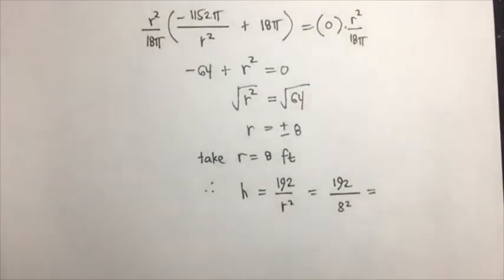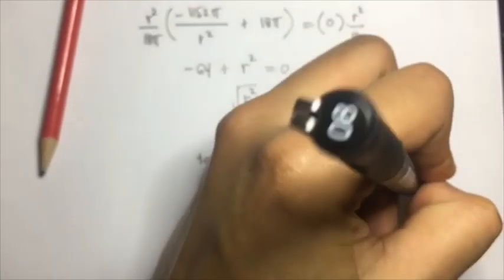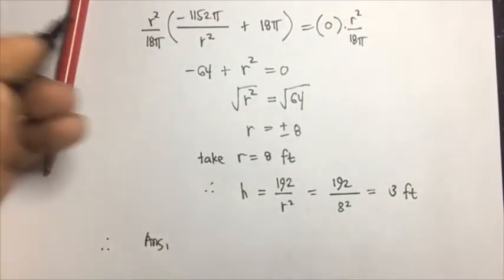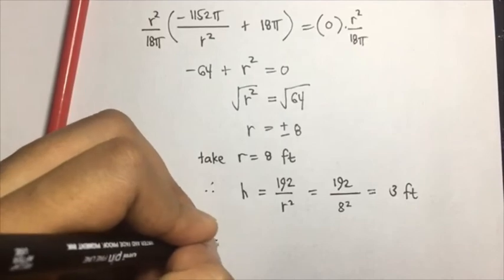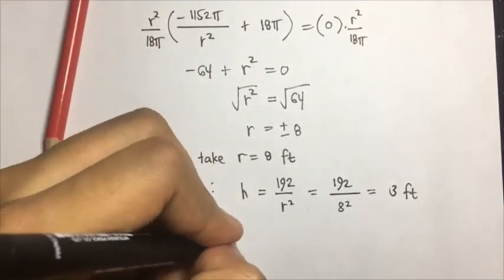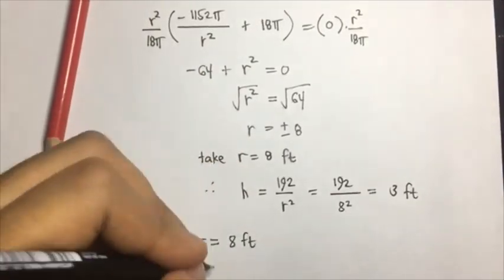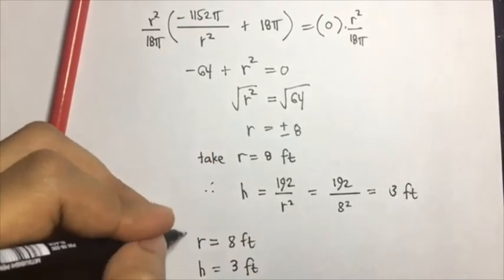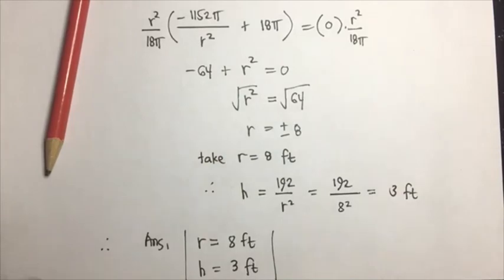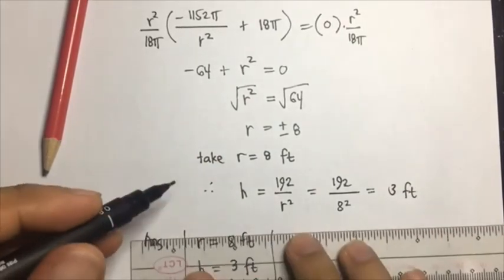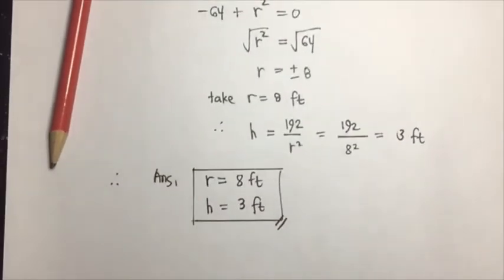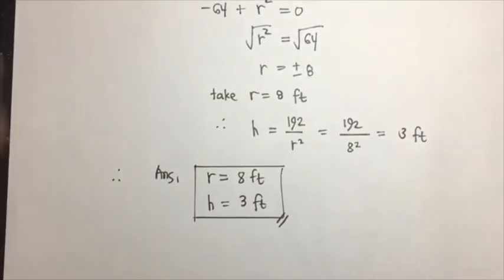Our height is only 3 feet. So for our answer, r is equal to 8 feet and h is equal to 3 feet. This will give the lowest cost in constructing the cylindrical tank.